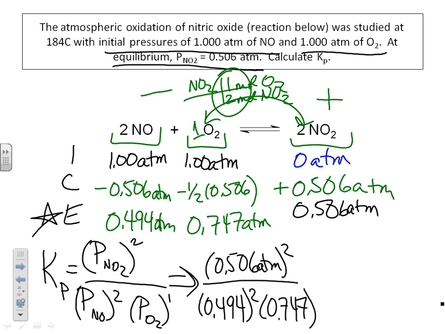It's just plugging in and solving. What's 0.506 squared divided by 0.494 squared times 0.747. When you do this math out, and you should do it as well, make sure you get the same number as I do, we get a Kp value of 1.4. No units, it's just a relationship. It's describing the relationship between products and reactants at equilibrium.